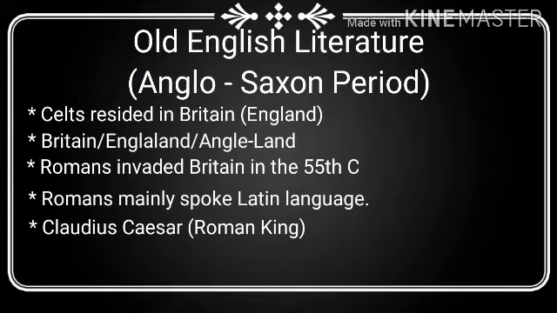They were here only to take the majority of the valuable things from Britain to their own land. This is Rome. They were the people who were living in Rome before invading this area called England or Britain. With the Roman invasion, Latin and Greek became the major languages of that region.